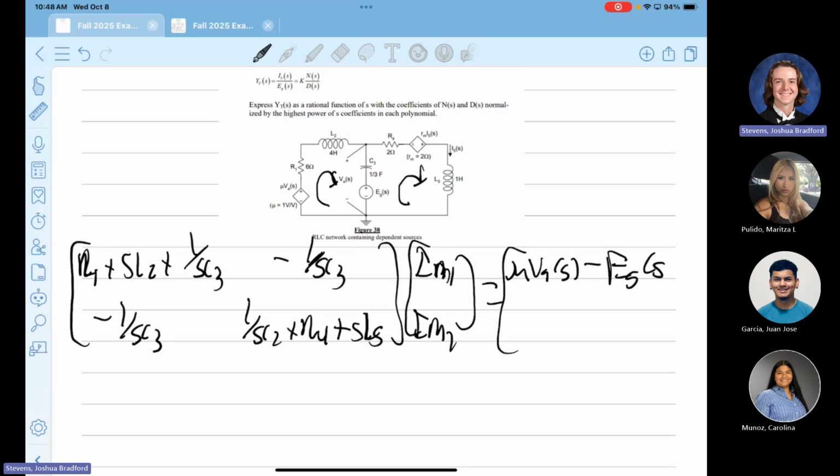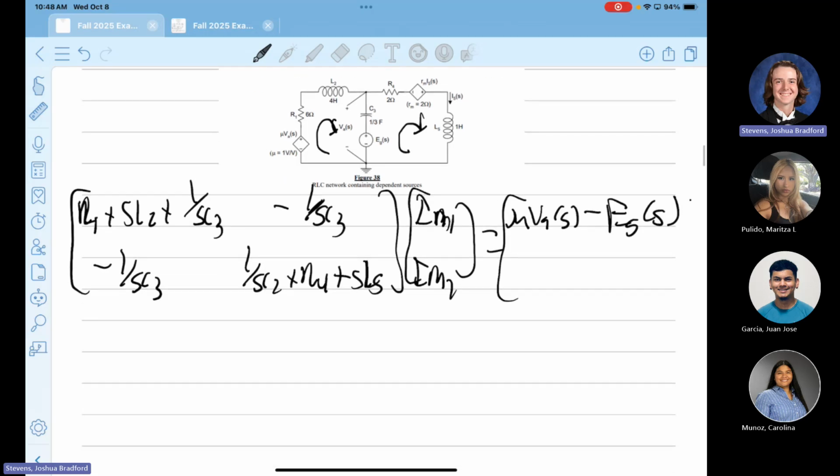Okay, what's in mesh 2, in terms of the sources? Are they positive or negative? Both. I agree.